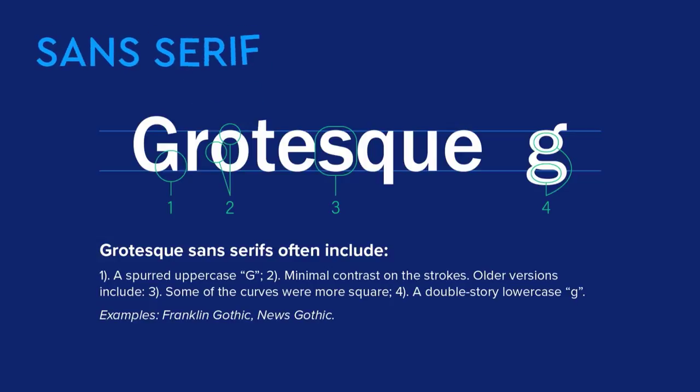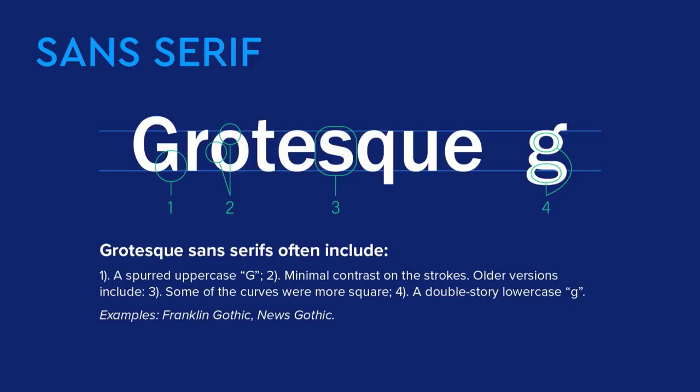Now we move to the sans serif category, and the first one we'll be taking a look at is the grotesque. A very key feature of grotesque is bold uppercase, as highlighted in number one. Older versions include minimal contrast on the stroke.